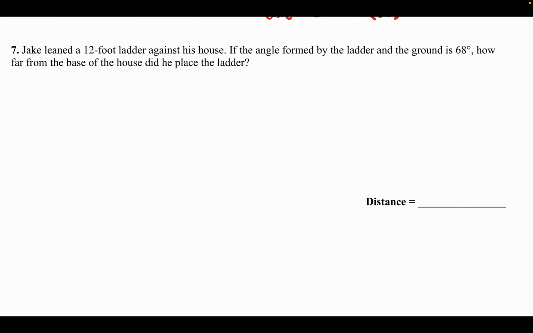Okay. Number 7, we have a word problem. So when you have word problems, we need to make sure we are drawing pictures every time we have word problems. So Jake leaned a 12-foot ladder against his house. If the angle formed by the ladder and the ground is 68 degrees, how far from the base of the house did he place the ladder?